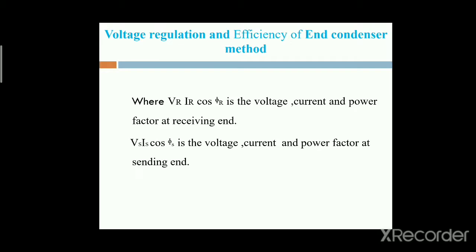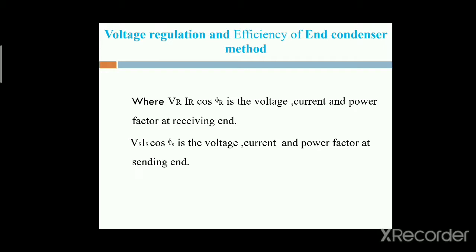By using these formulas of sending end voltage, receiving end voltage, and sending end and receiving end currents, we calculate the voltage regulation and efficiency in the case of the end condenser method.